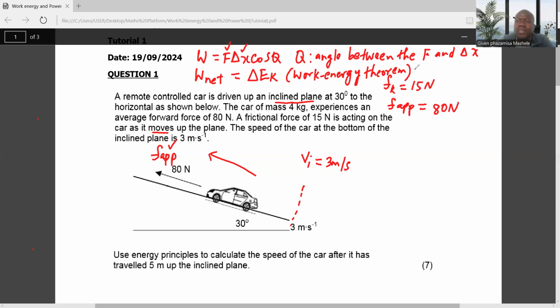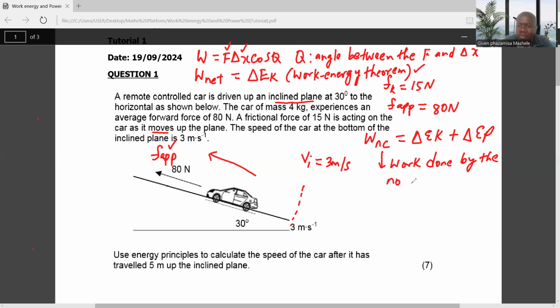And another one is where the work done by the non-conservative forces is equal to the change in kinetic energy plus the change in potential energy. This W_nc is the work done by the non-conservative forces.